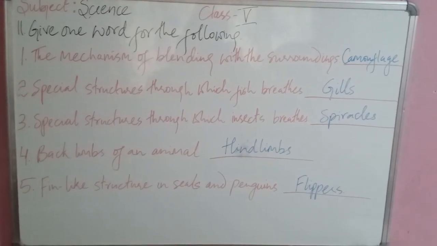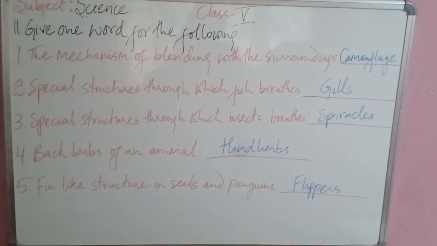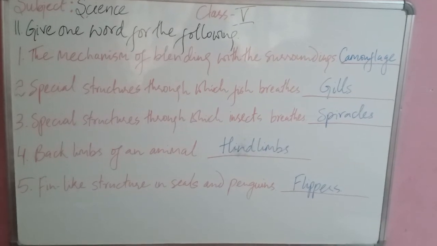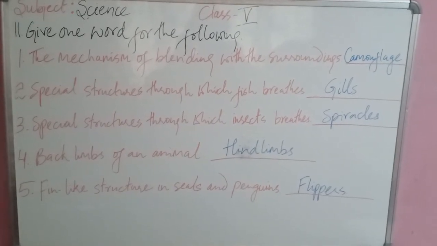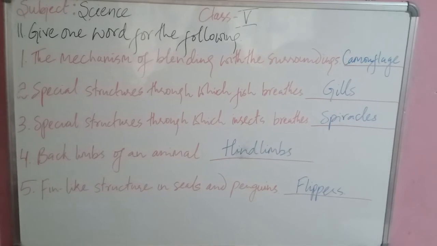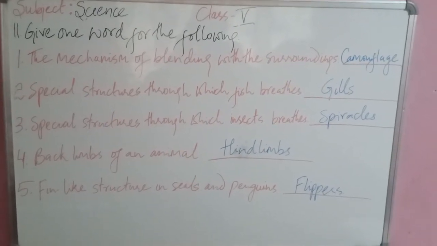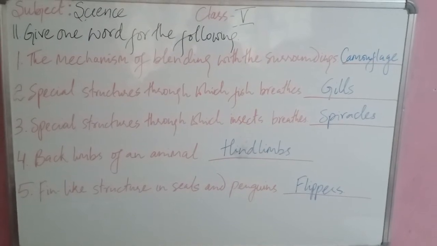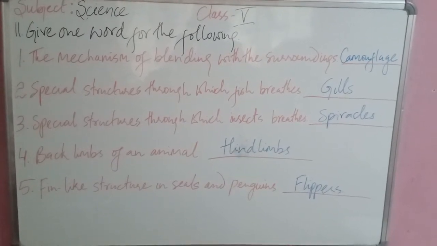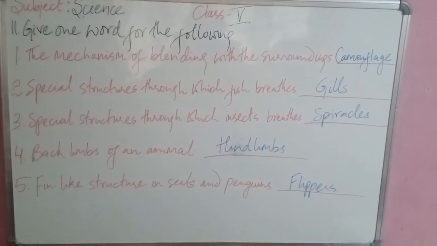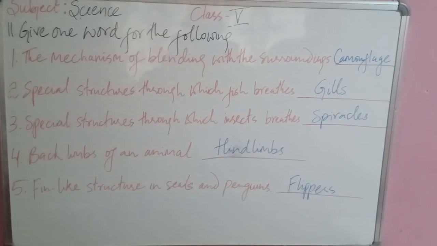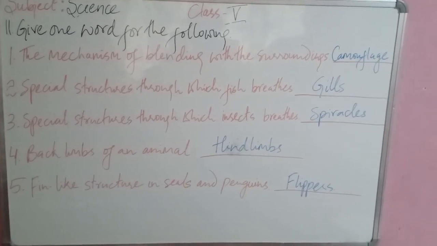Okay. Question 2, special structures through which fish breathe. That is your gills. And then question 3, special structure through which insects breathe. That will be your spiracles. Question 4, back limbs of an animal are called hind limbs.